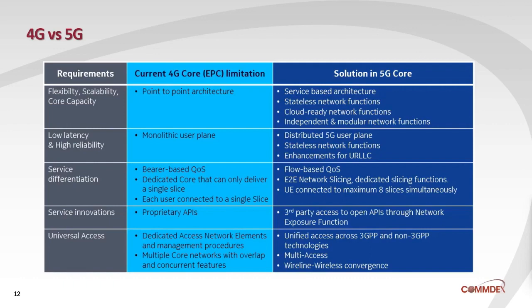Another major advantage of 5G over 4G is its unified access across 3GPP and non-3GPP access networks. 5G uses NAS signaling for these networks in a very consistent manner, providing true multi-access capability and wireline and wireless convergence.